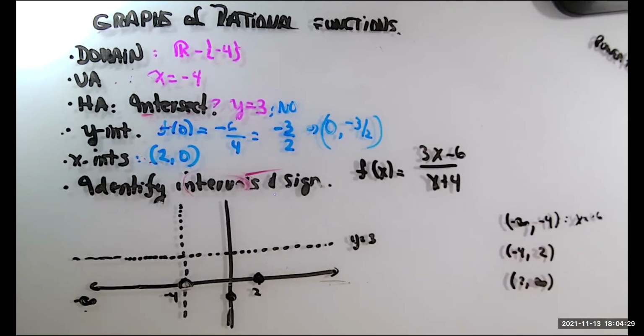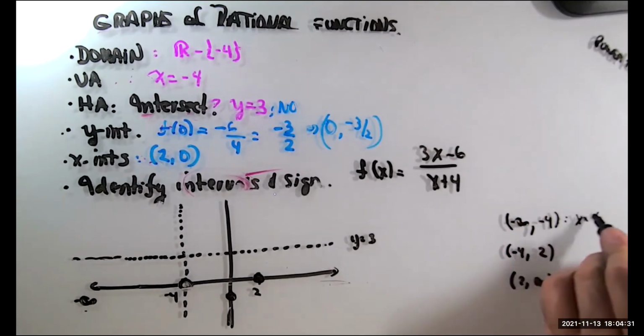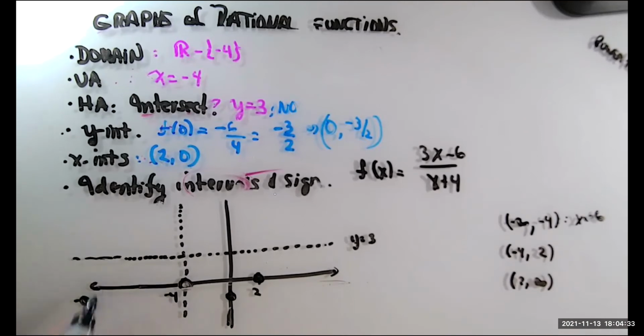Please, if you're going to test this interval, don't choose -3, -2, -1. You need to choose -5, -6, -7, -1 million. But please leave off -4.